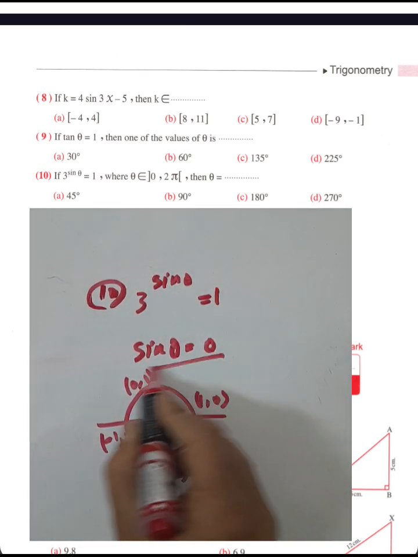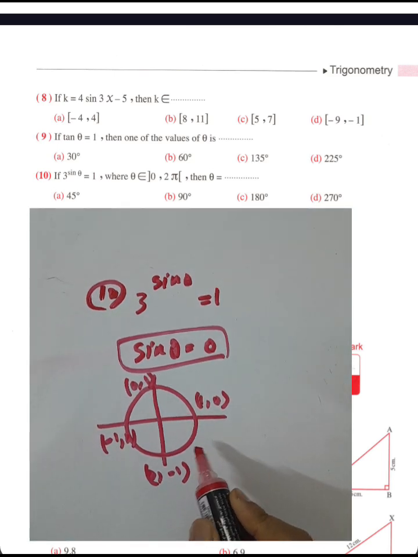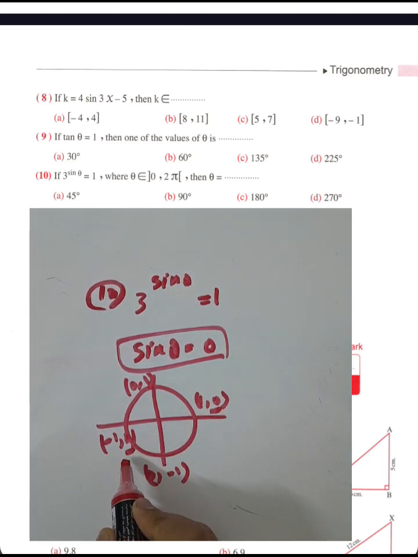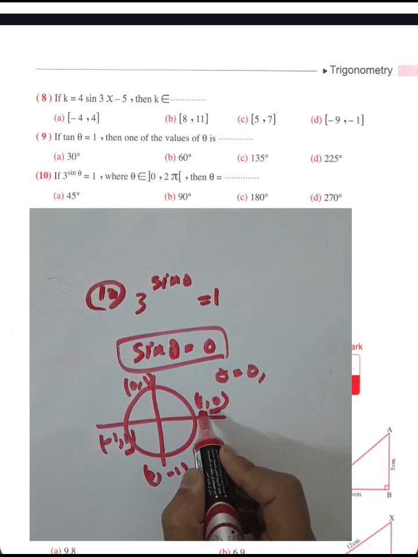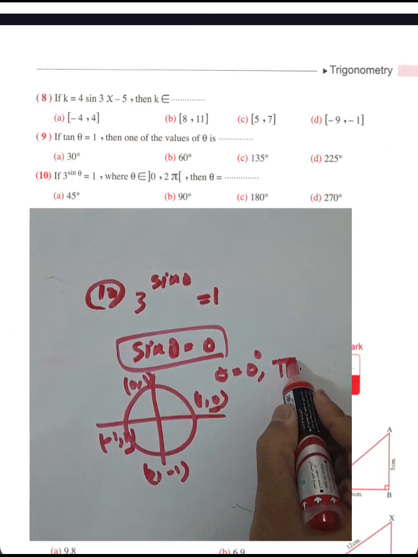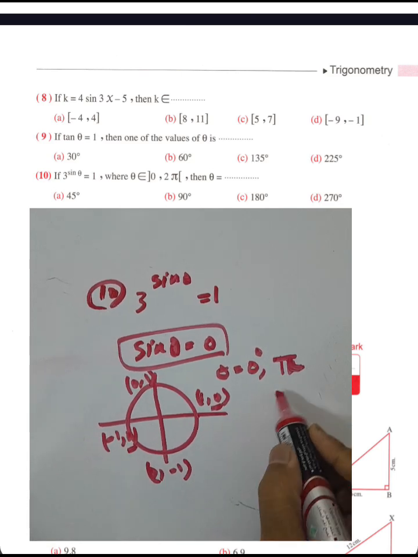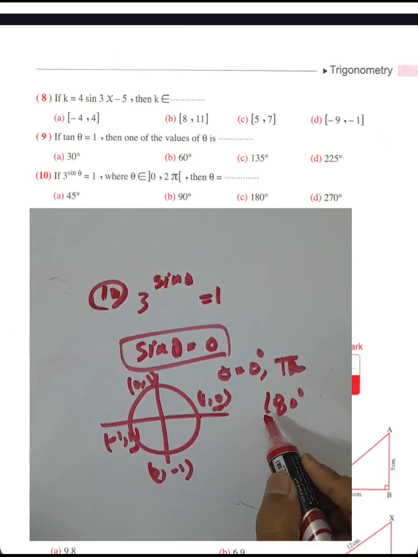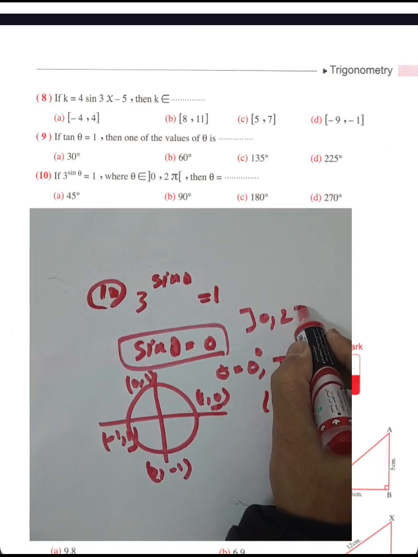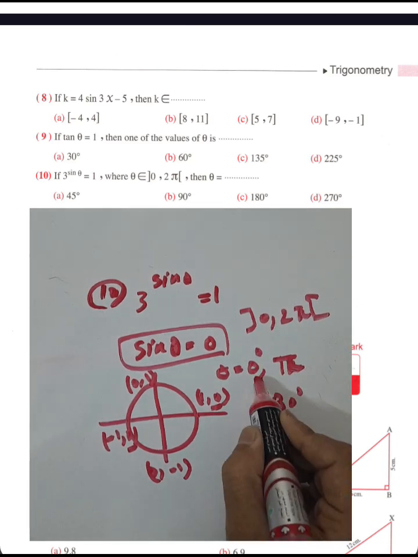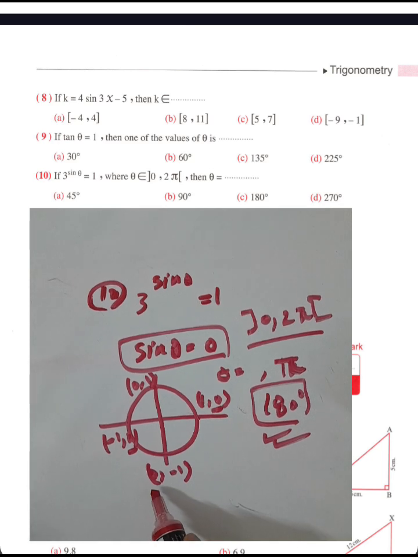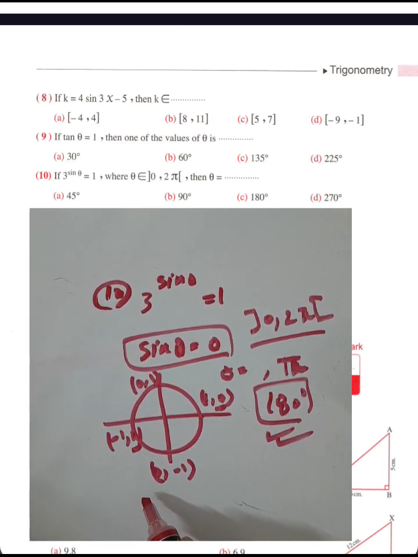Sine equals 0 at theta equals 0 degrees or 180 degrees, which is pi. But the interval is open from 0 and open at 2 pi, so 0 does not belong to the solution. Then we choose only 180. Choose letter C for this question.